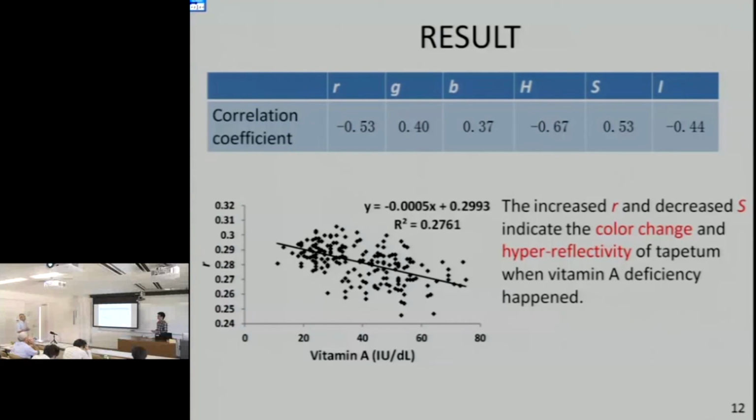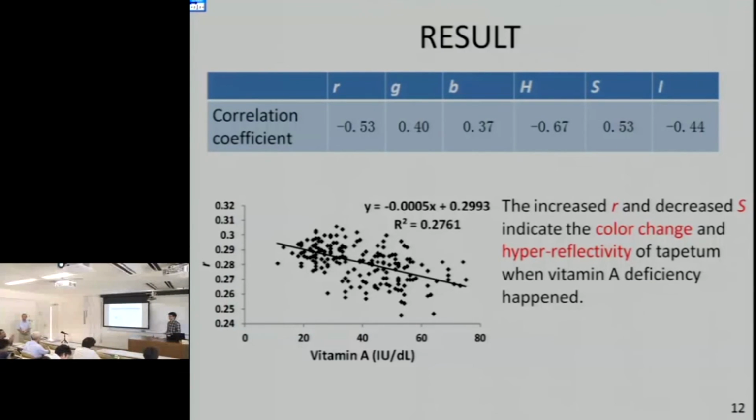Actually, we would like to do some diagnosis. I think if we add more factors, it will be more accurate. Probably more accurate, as far as possible. Yes, I see.